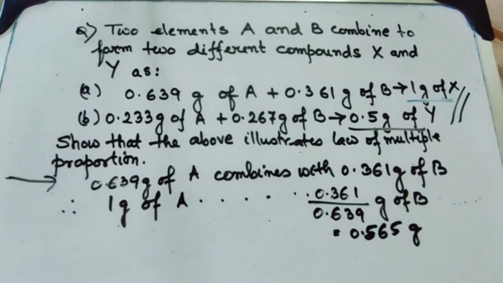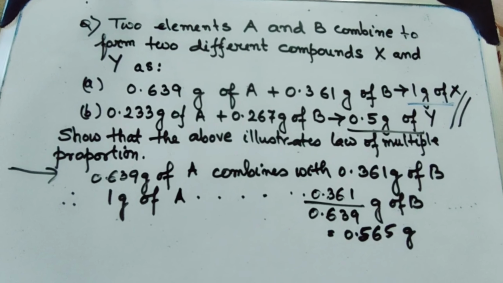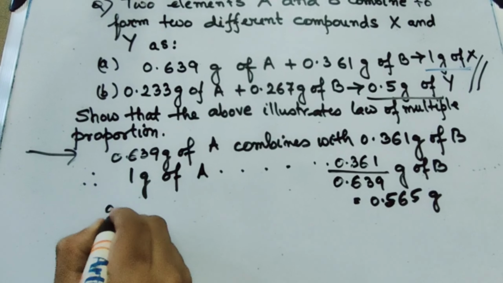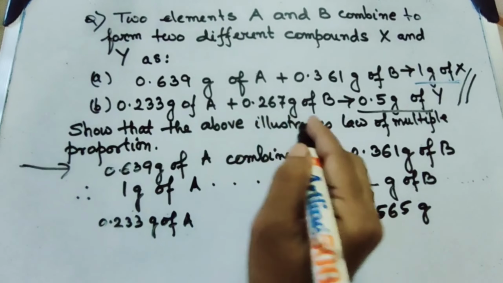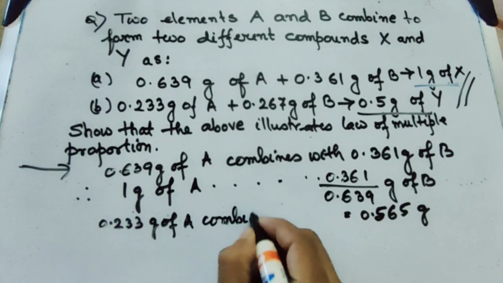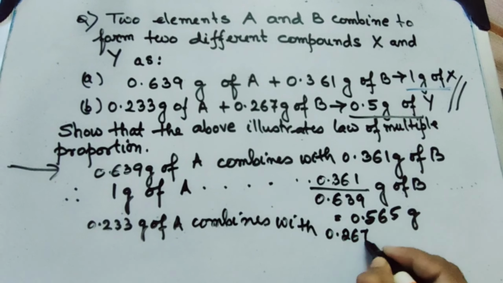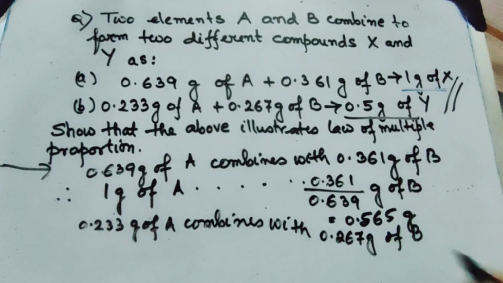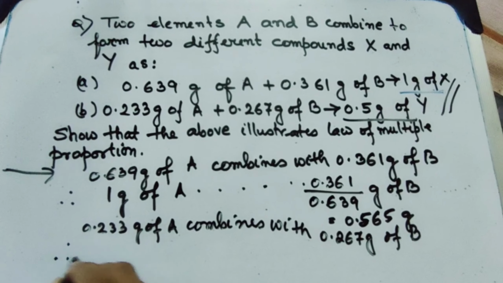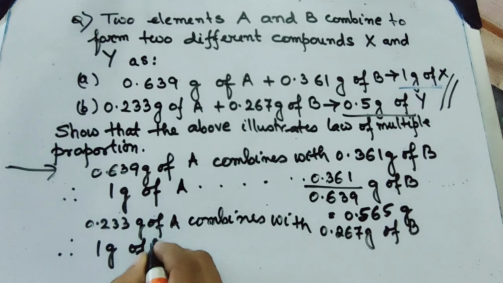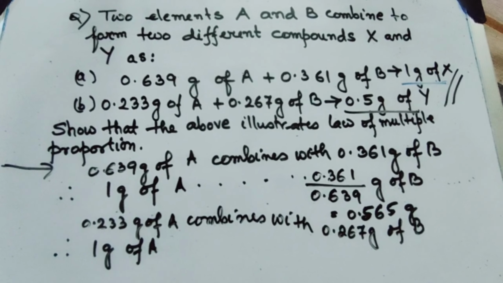Now this will come out to be say 0.565 gram. I have it ready, so I have given it to you. Like this only you can see that 0.233 gram of A combines with 0.267 gram of B. So we just need to represent it again to unit mass of A, 1 gram of A. If we see that we are not having the same mass of the element, we have to bring it to the same mass.